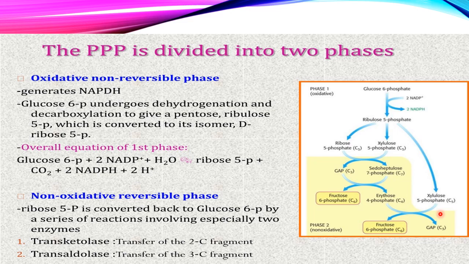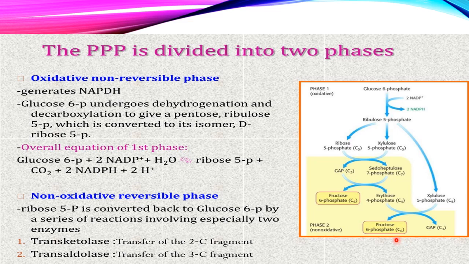A 2 carbon fragment is removed by the action of the enzyme transketolase. So from this C5, two carbons are removed. So it becomes a C3 carbon compound, that is nothing but our GAP, glyceraldehyde phosphate. And this 2 carbon fragment from here is going and adding over to this C4 carbon compound.